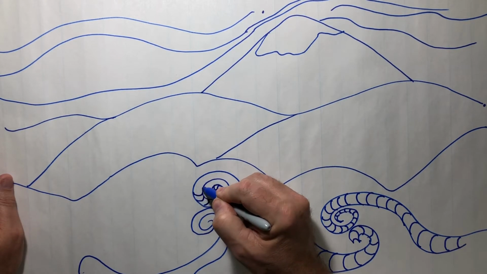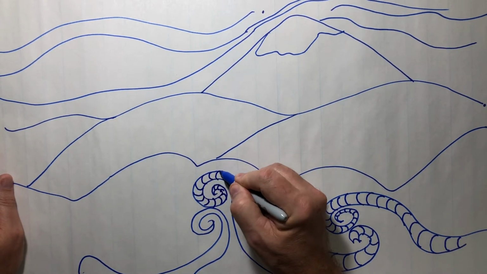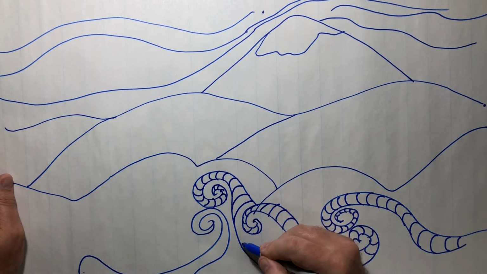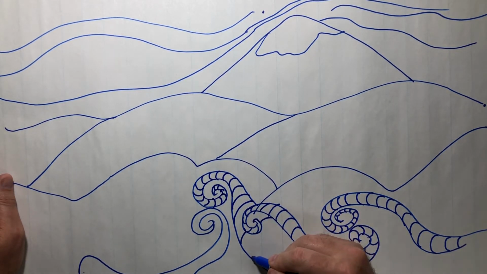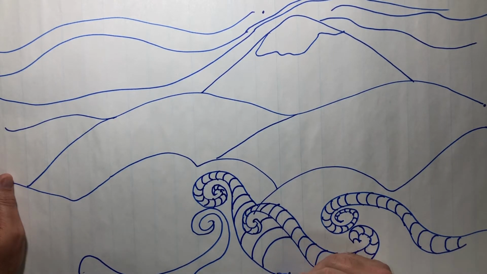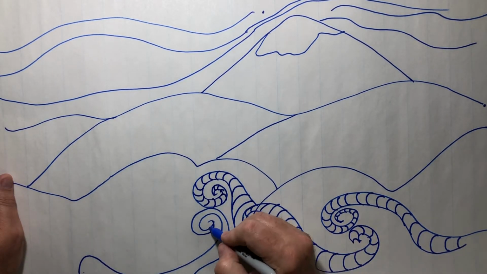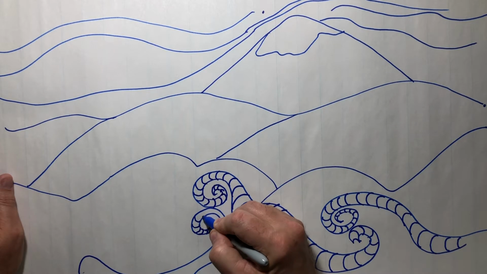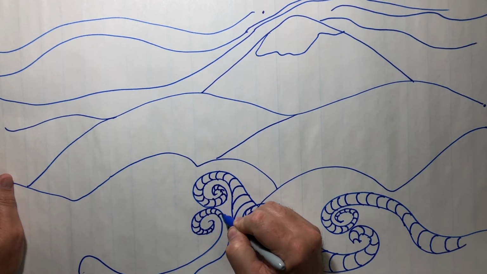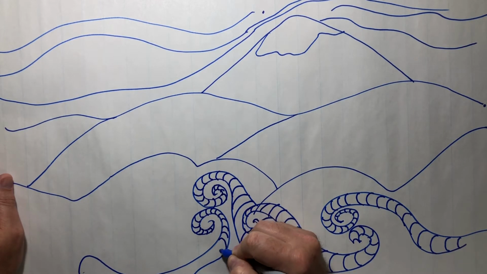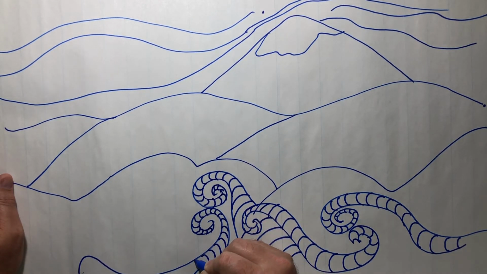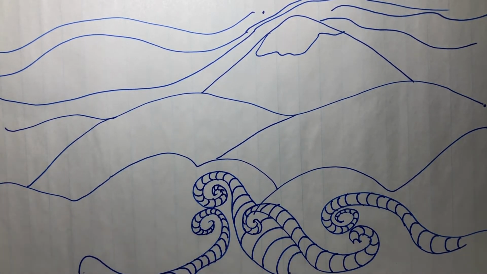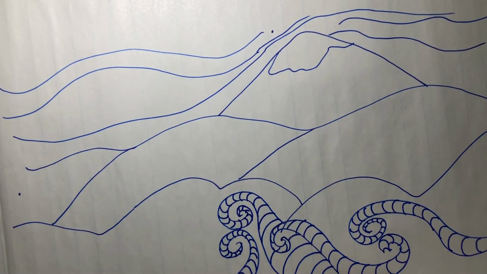I won't speed it up. So now just continue drawing your picture of outside using only lines.